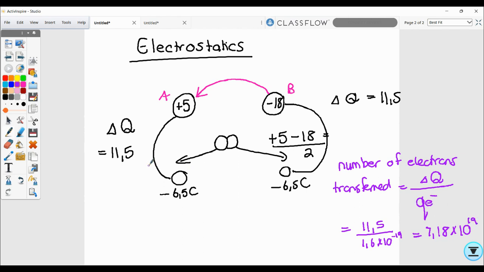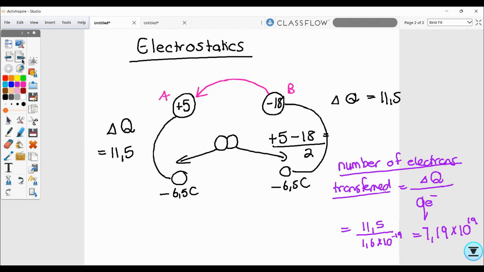Yes, ma'am, that's right. Remember, we round off to 2 decimal places, but only in our final answer. Okay, so that is the number of electrons transferred. So that's the first type of question they can ask you.